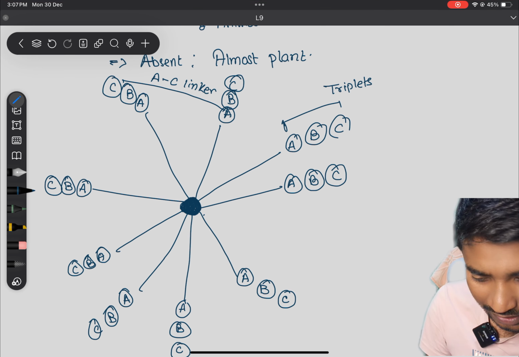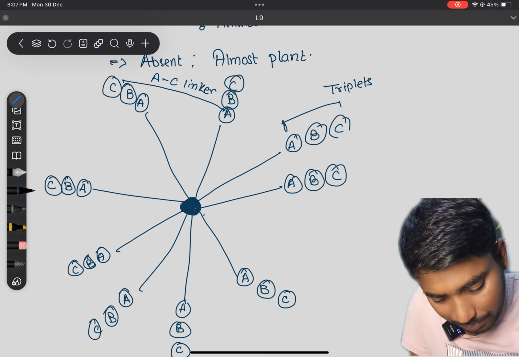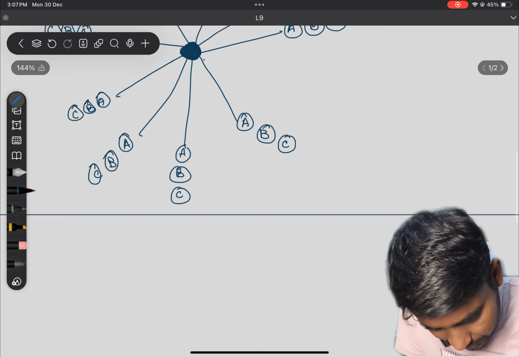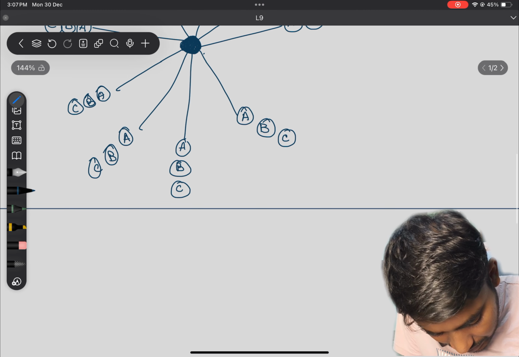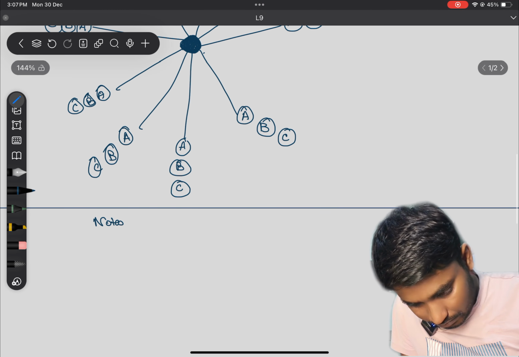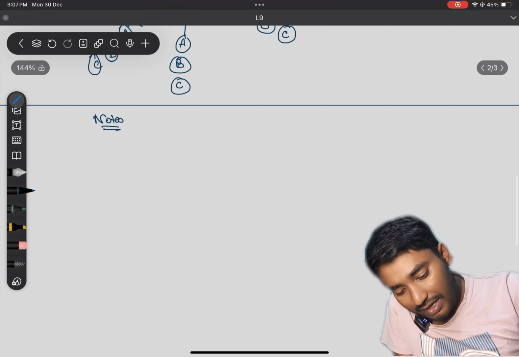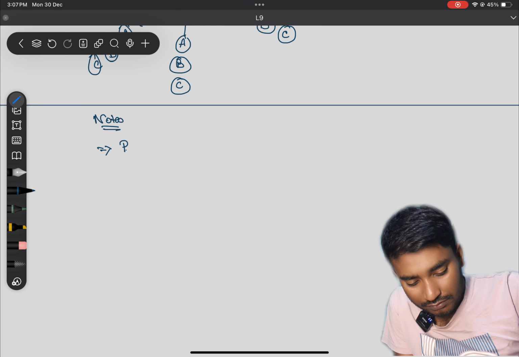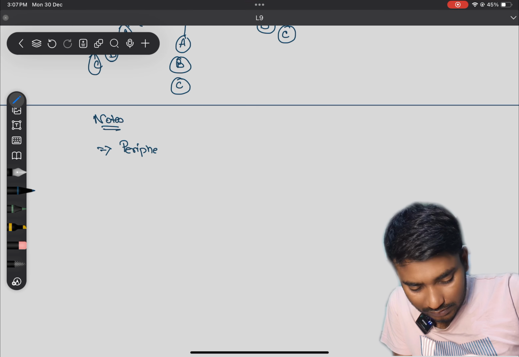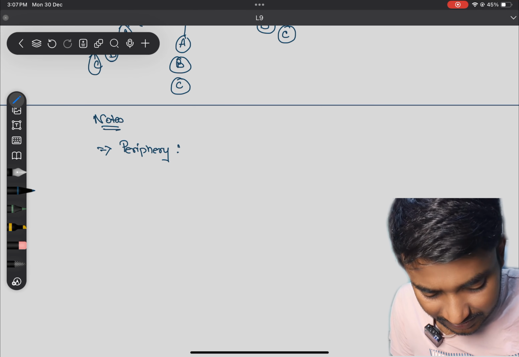Now you see the periphery of the 9 triplets. This can be said in notes: periphery, 9 triplets.